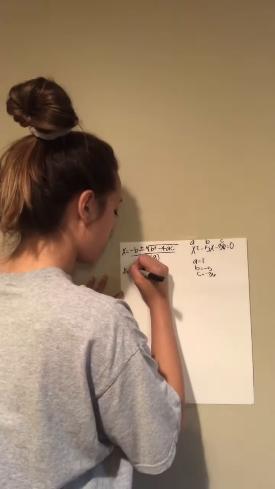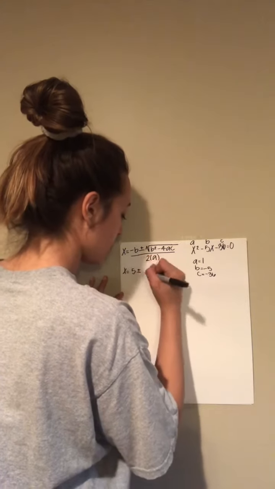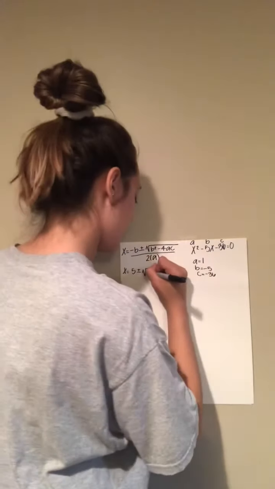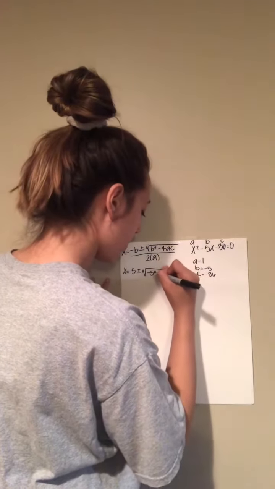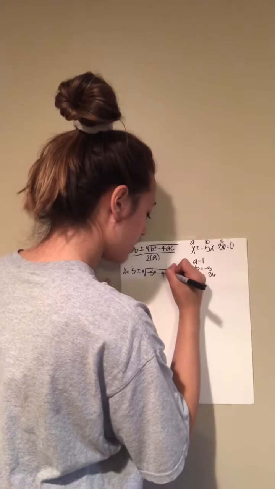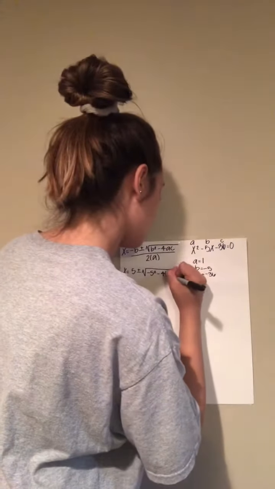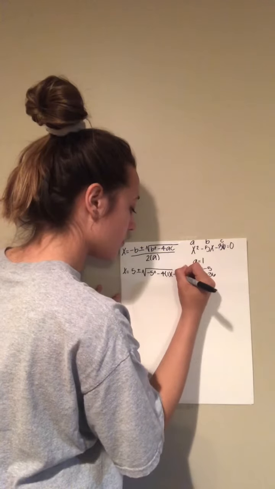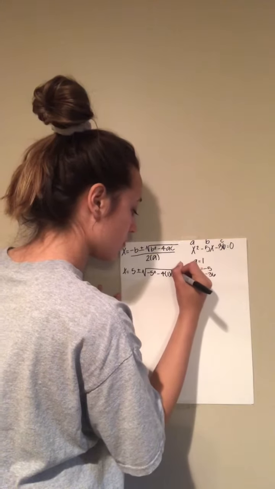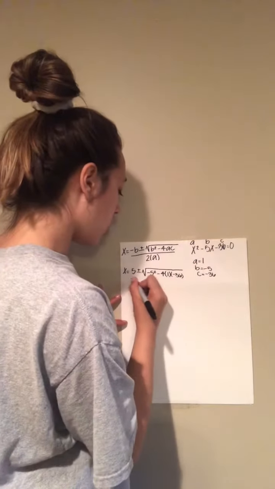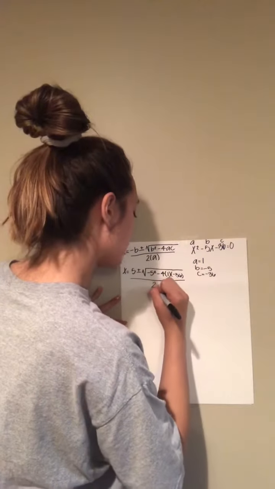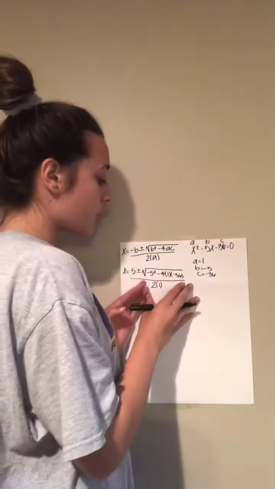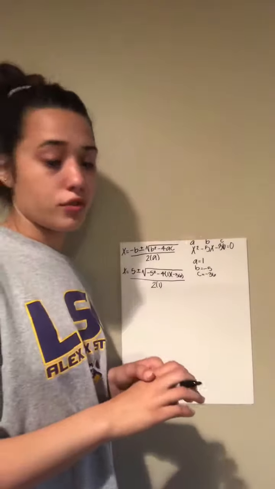So negative b would actually be 5 plus or minus the square root of b squared, b is negative 5, so negative 5 squared minus 4 times a, which is 1, times c, which is negative 36, all over 2 times a, which is 1. So once you've gotten this down, you're ready to solve.